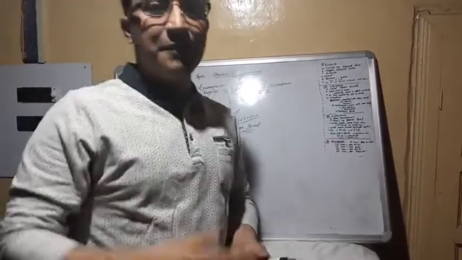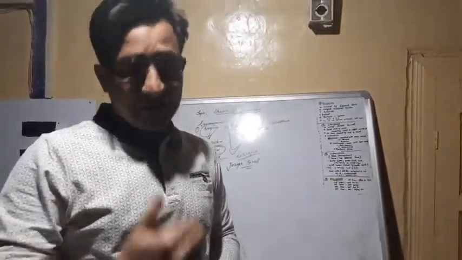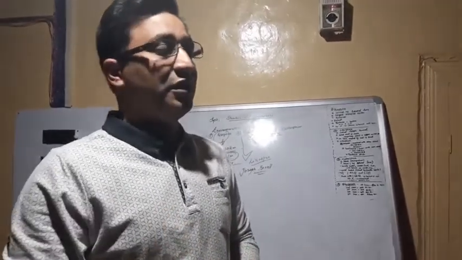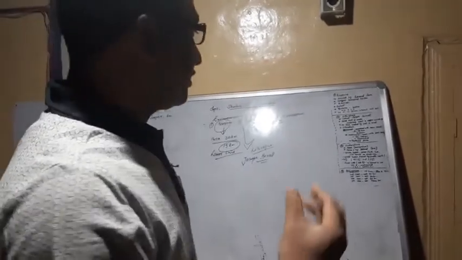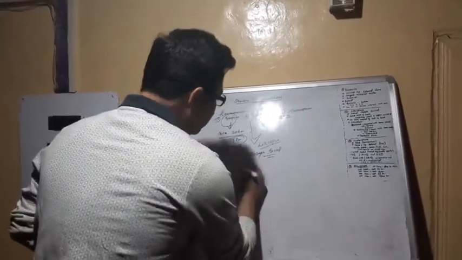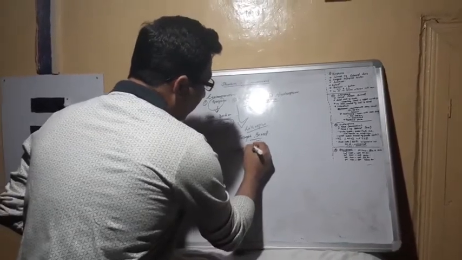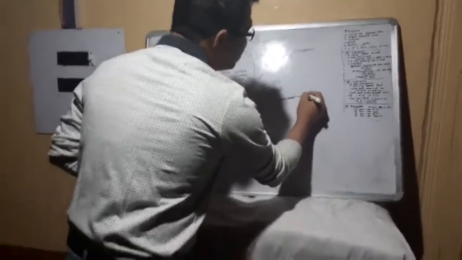So far as this lithosphere is concerned, it can be broadly divided. It consists of two parts. One is known as the oceanic lithosphere, and another is known as the continental lithosphere. The oceanic lithosphere is associated with the oceanic crust.